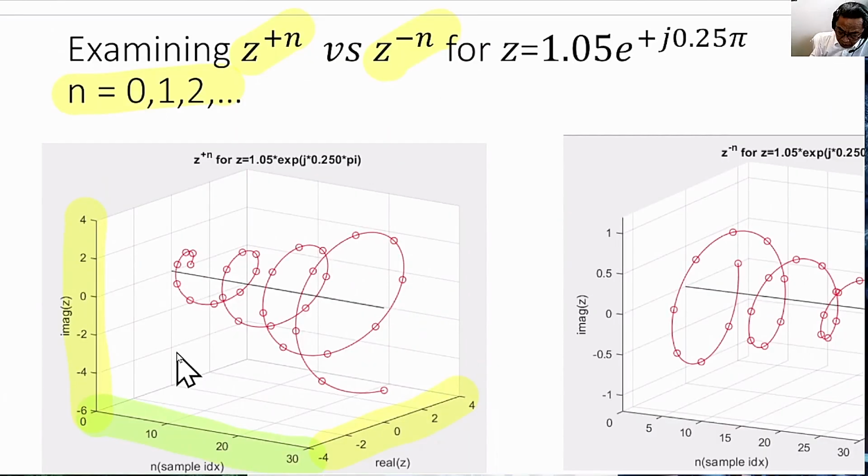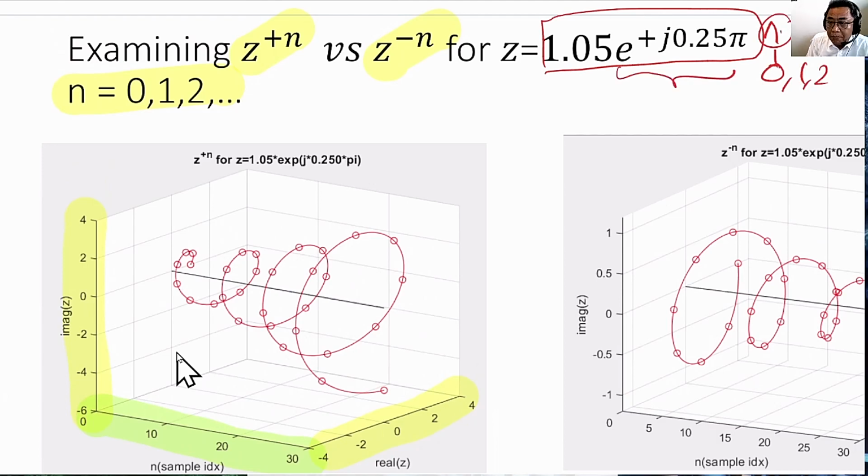We begin with this equation: 1.05 e to the power of j 0.25 pi n for n equals 0, 1, 2, and so on. When we substitute n equals 0, this number becomes e to the power of j0, which is 1.